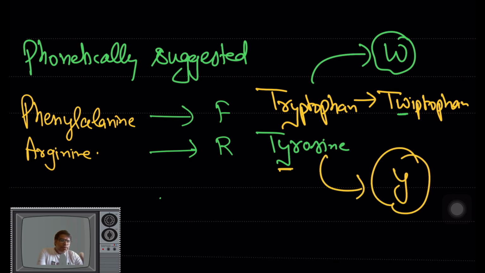So based on sound, F for phenylalanine, R for arginine, W for tryptophan, Y for tyrosine. Clear? Let us move further.